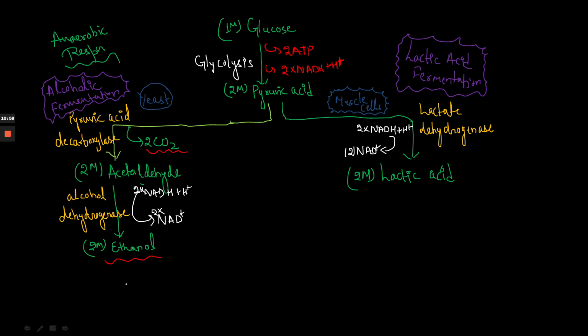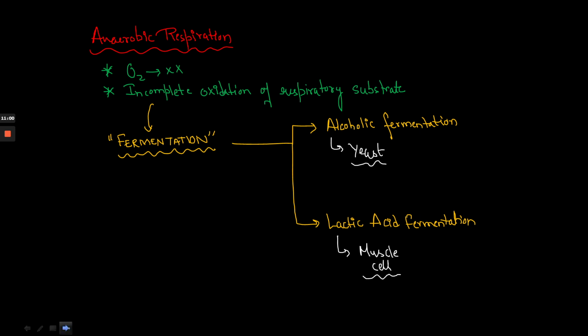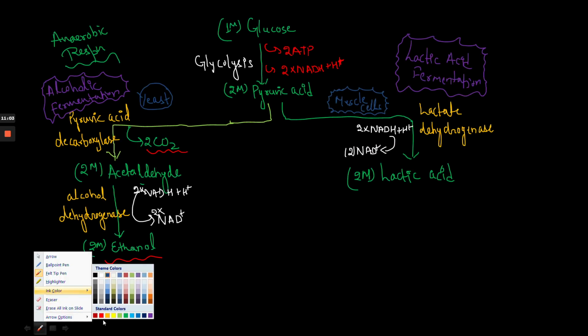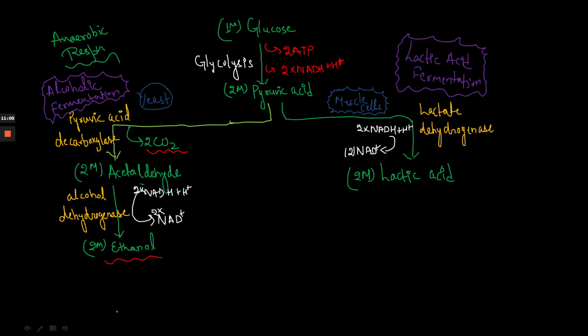Okay, and the last thing about anaerobic respiration: what is the net gain of ATP during anaerobic respiration? If we look at the whole process of anaerobic respiration, it starts from glycolysis, and depending on which type of cell it is happening in, it can either be alcoholic fermentation or lactic acid fermentation. But you can see that in this process, after pyruvic acid formation, there is no production of ATP happening.